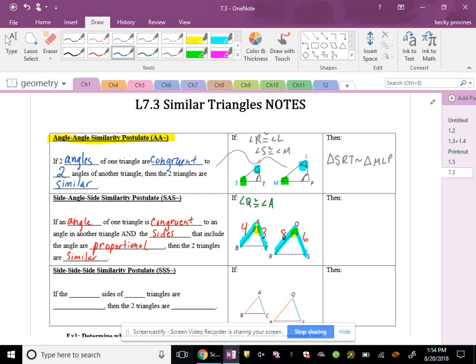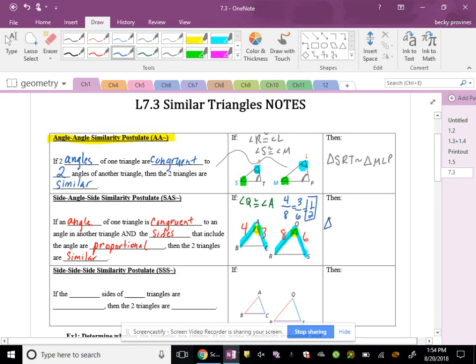Now, you can start with either triangle. I'm just going to start with the one on the left. And I say 4 corresponds with 8. And then I'm going to start with the same triangle again and say 3 corresponds with 6. And I know both of those equations reduce down to 1/2. They have the same scale factor. So they are proportional.